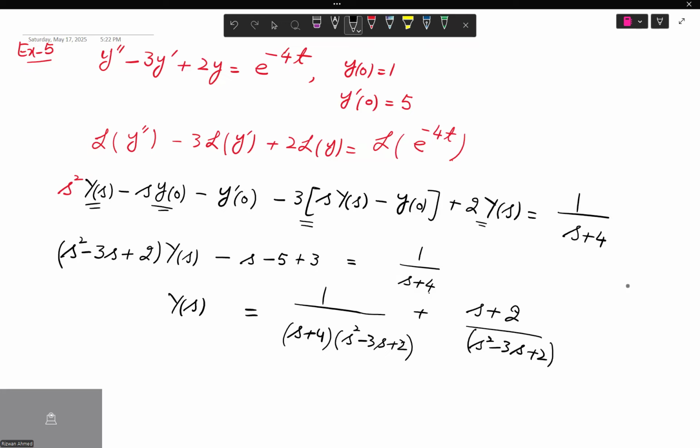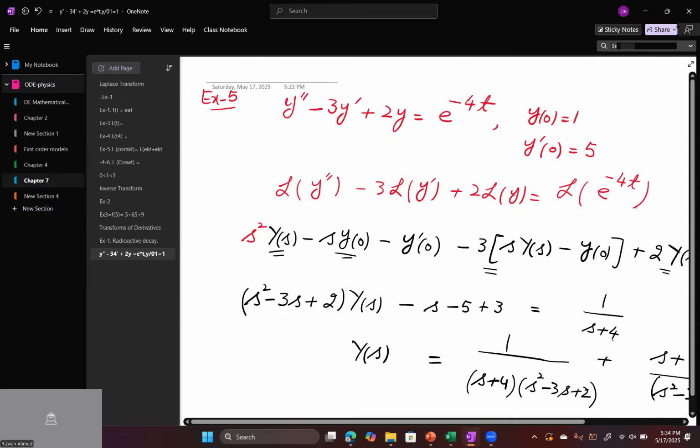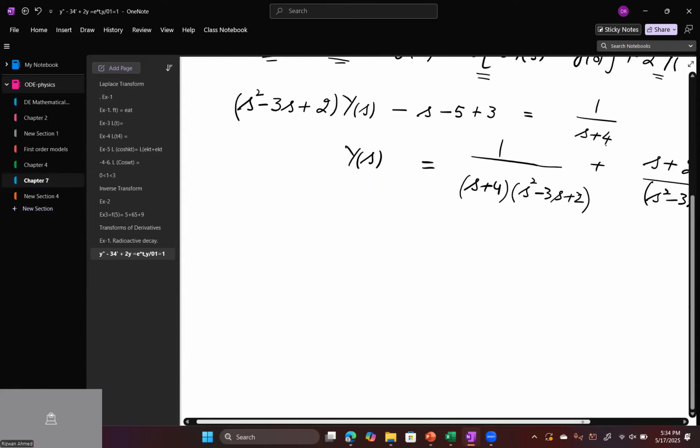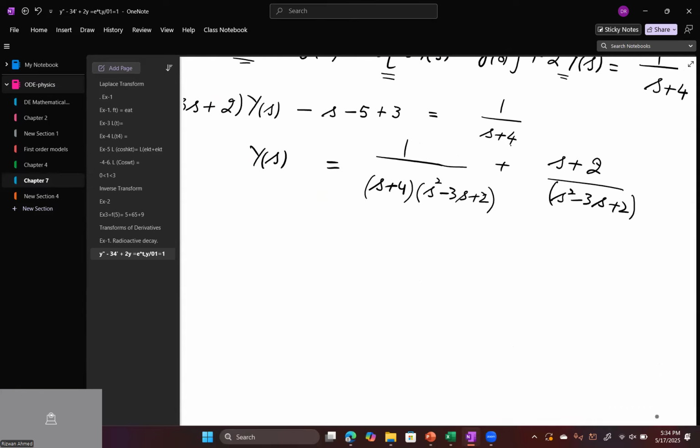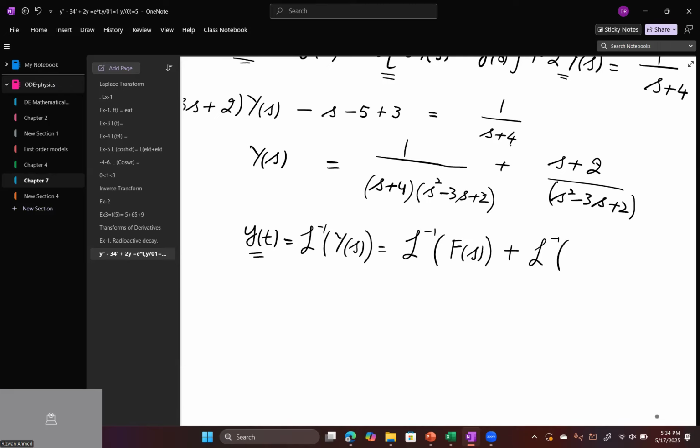So the differential equation has been transformed to an algebraic equation, and that's the promise of the Laplace transform. So finally, the inverse transformation would lead to the expression with t as the independent variable. So y of t will be the final solution. So the job is to get the inverse transform of the function f of s and the inverse transform of the function g.